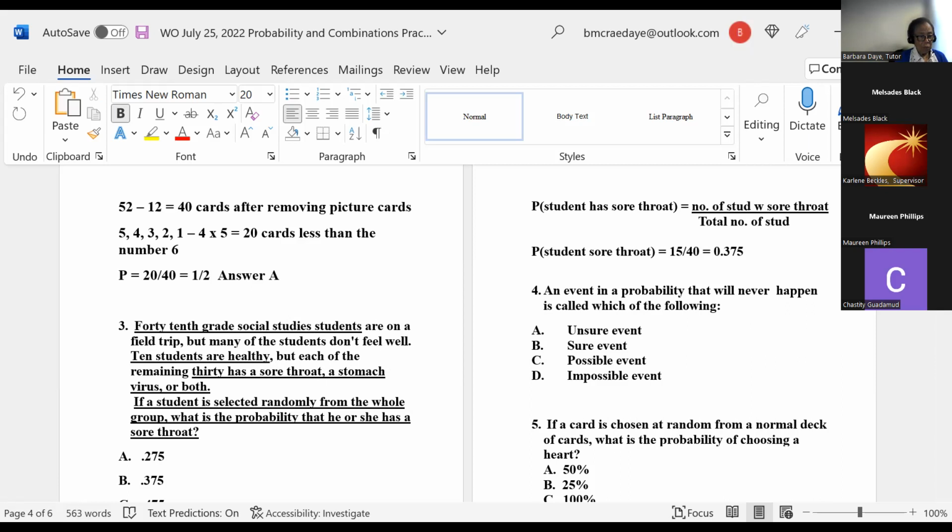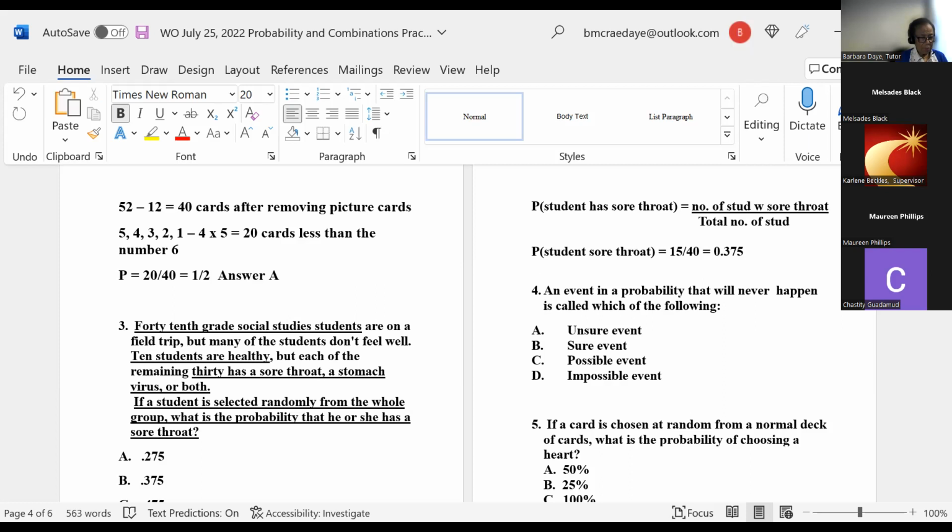40th grade social studies students are on a field trip, but many of the students don't feel well. 10 students are healthy, which means 30 is not healthy, right?